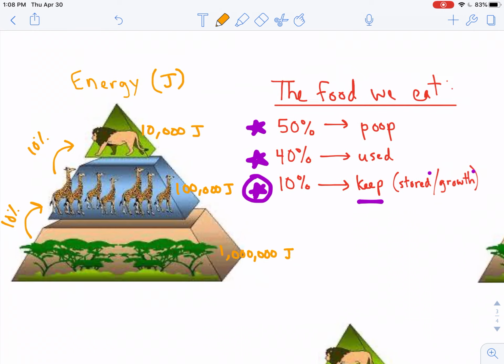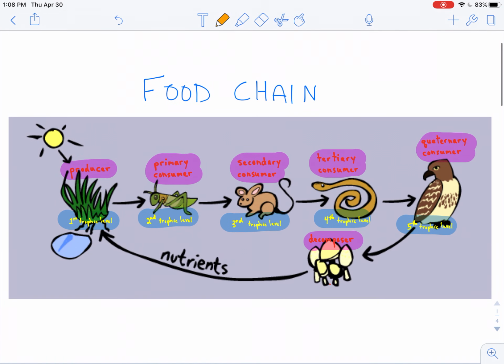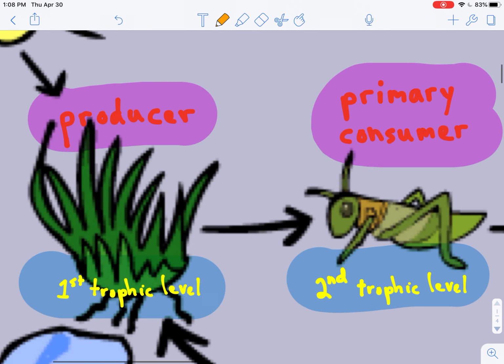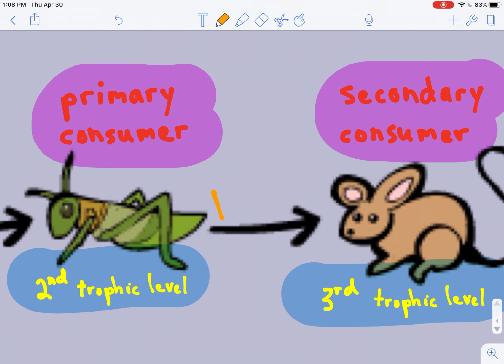And this is actually something we can add to our food chain and food web. So when we talk about the primary consumer eating the producer, the primary consumer can only keep 10% of the energy from each producer that it eats. The mouse could only keep 10% of the energy from each grasshopper that it eats. That usually suggests that in order to survive, when a mouse is ready to eat, it really needs to eat about 10 grasshoppers in order to get enough energy.